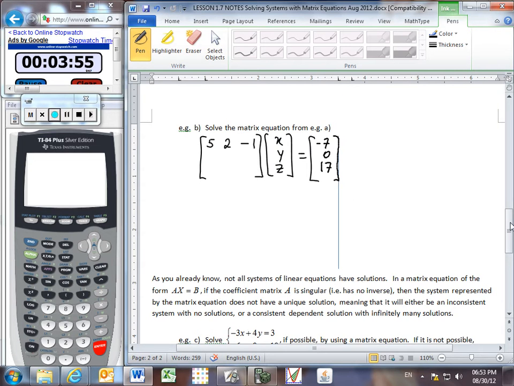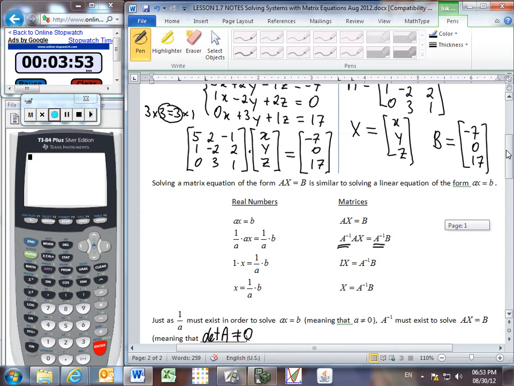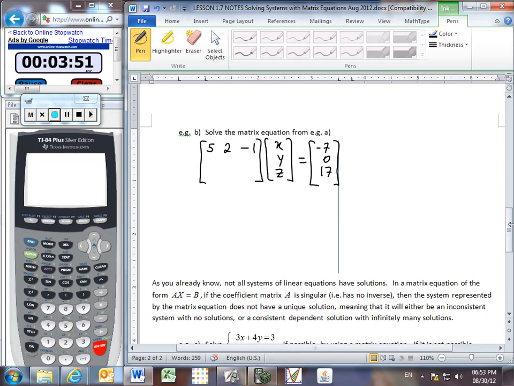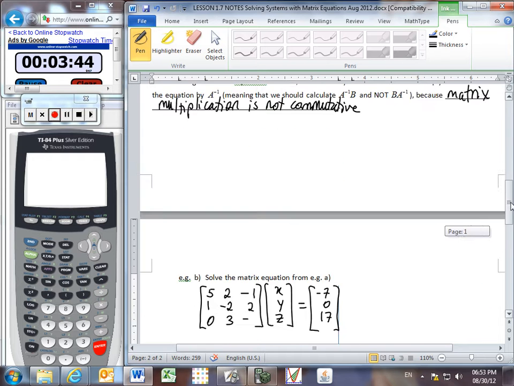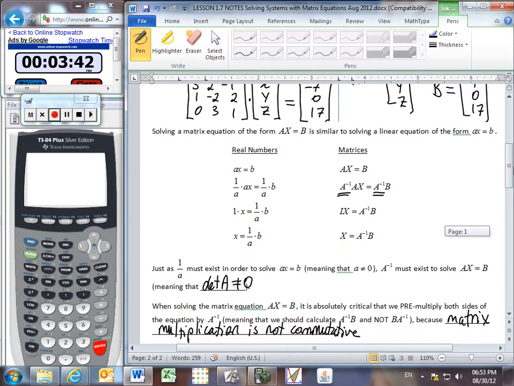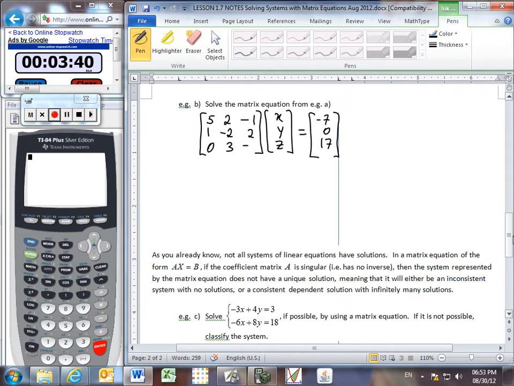And my other rows were 1, -2, 2, and 0, 3, +1, I think. Yes, 0, 3, +1.